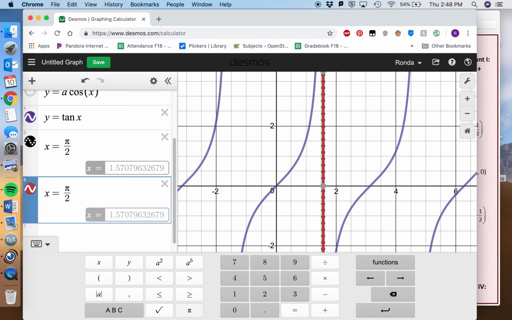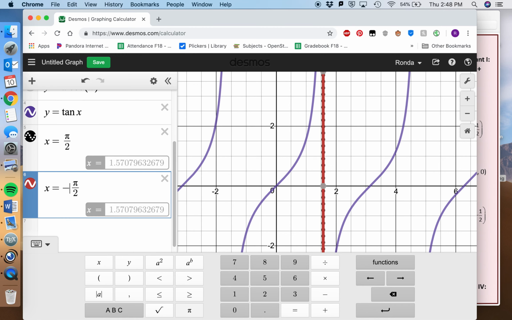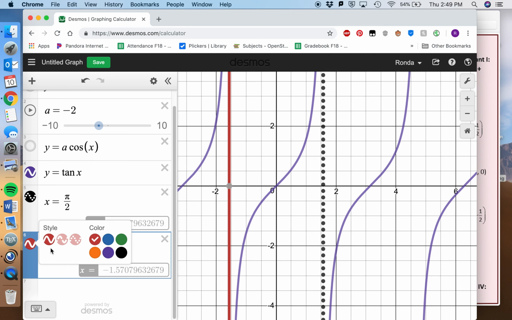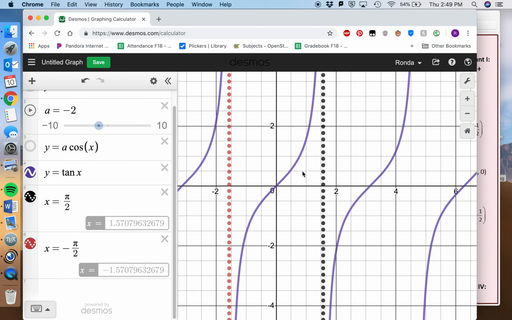Oops, I did the same thing again. Let me put a negative sign in front here. And so I get these two vertical asymptotes. Okay? And so tangent has these vertical asymptotes built into it because of the division.